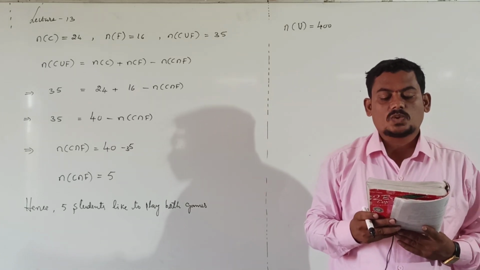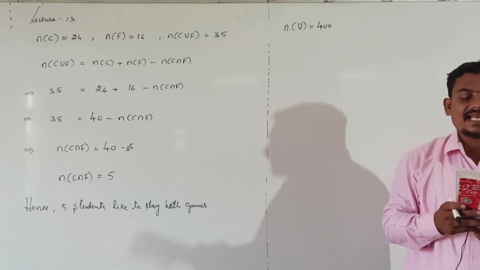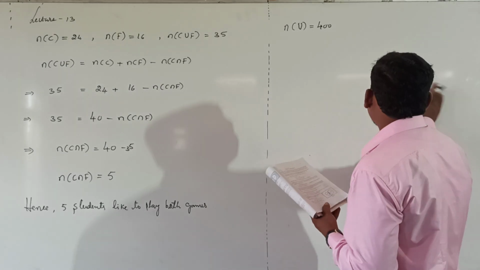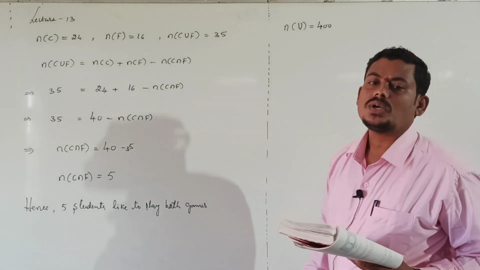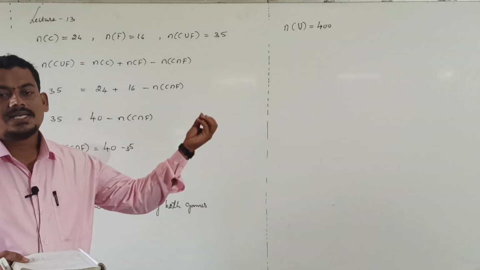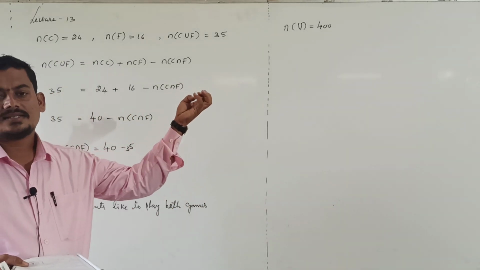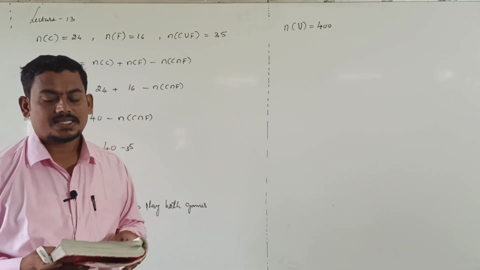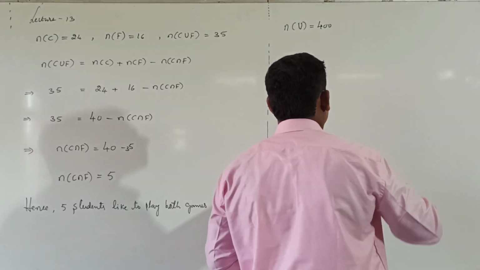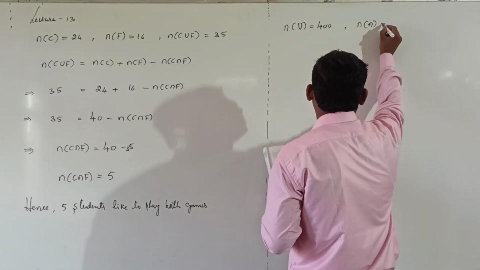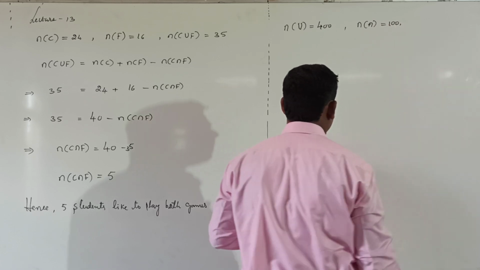Of the 400 students in a school, 100 were listed as taking apple juice. 100 students out of 400. The total number of students in the school is 400, taken as the universal set. Out of 400, 100 students take apple juice. I will take it as n(A), that's equal to 100.